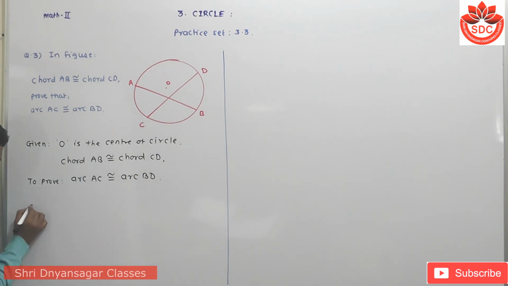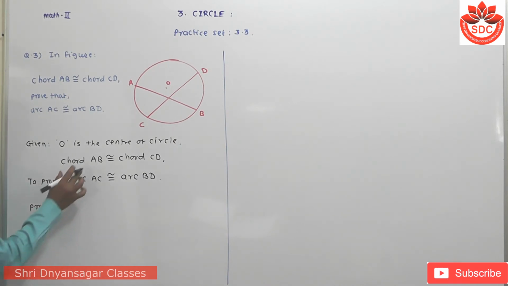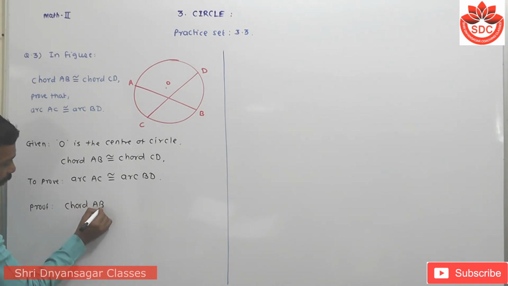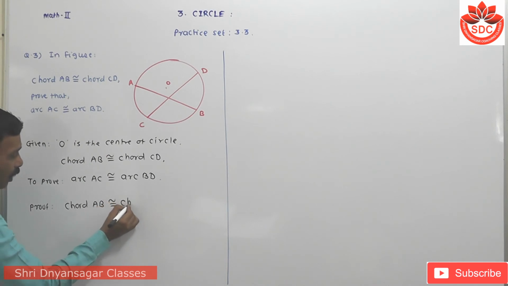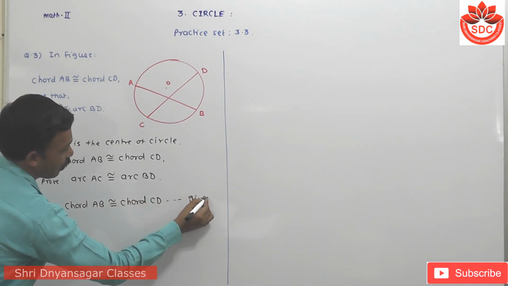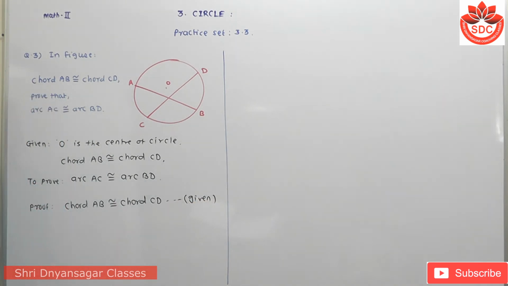Now its proof is so simple. Here chord AB is congruent with chord CD, which is given here. First I have to take this point: chord AB is congruent with chord CD. This is given.